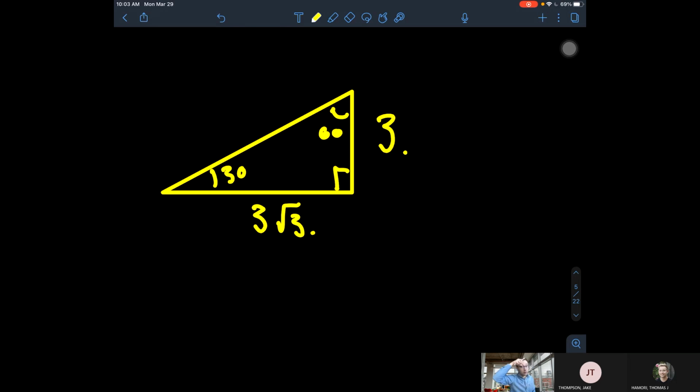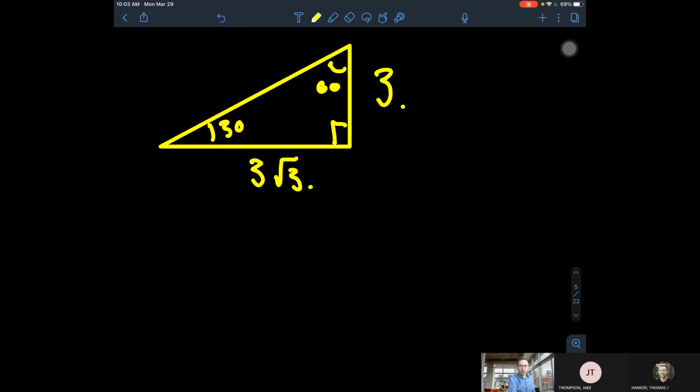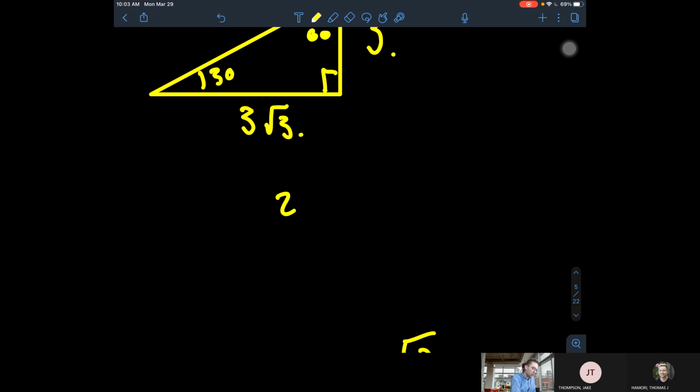I don't think so. Those two things are definitely not the same. 2 square root 3 over 2 is just the square root of 3 because we cancel the 2's.